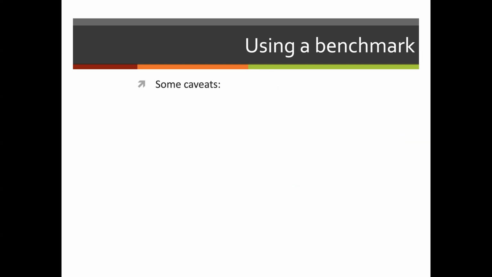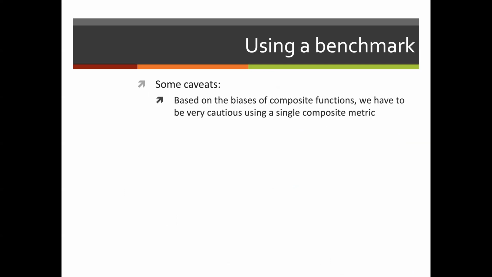And so some things that you need to consider when using a benchmark: the biases of composite functions. We have to be very cautious using a single composite metric in analyzing the performance from a benchmark.